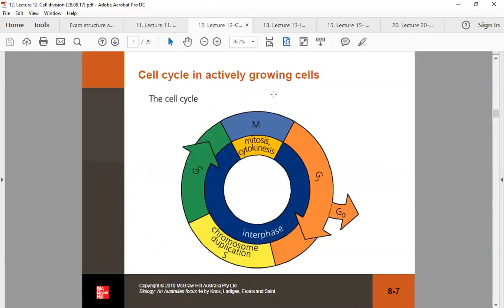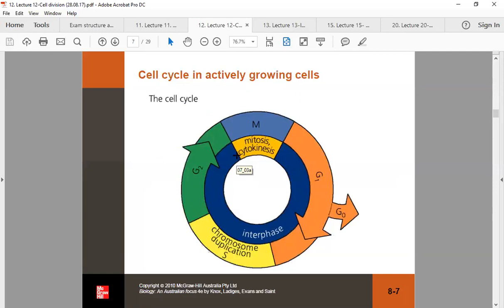All right, let's revisit the cell cycle and the stages that we find within the cell cycle. Let's think about the major phases, if you like, within the cell cycle. So it starts here with the formation of a new cell, and the first phase is called interphase.